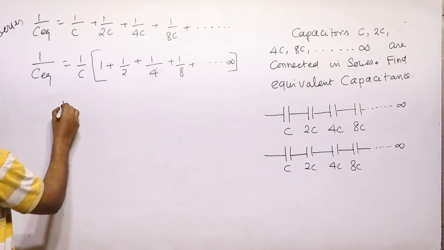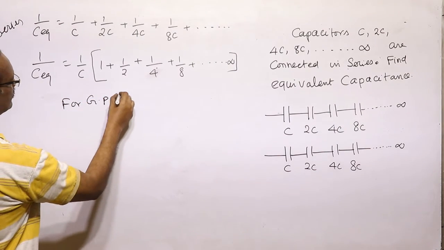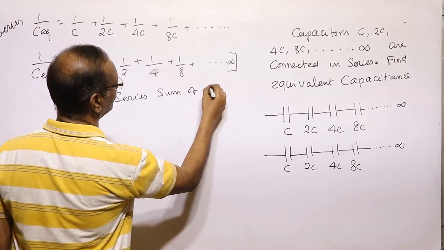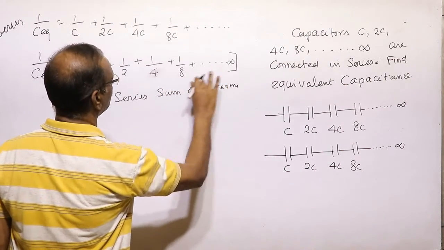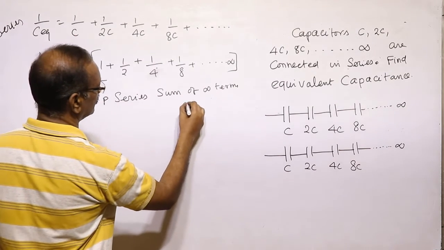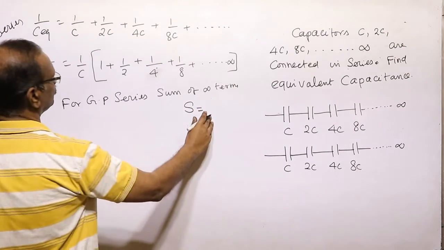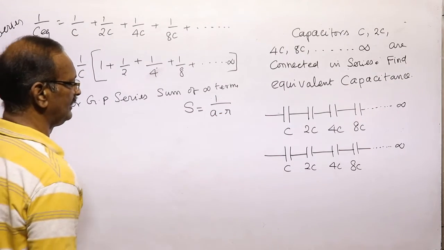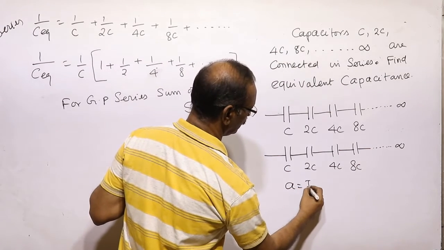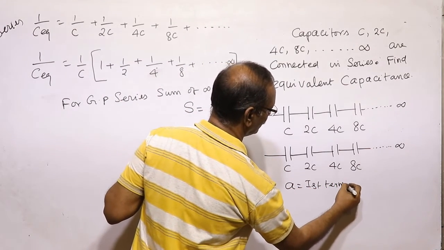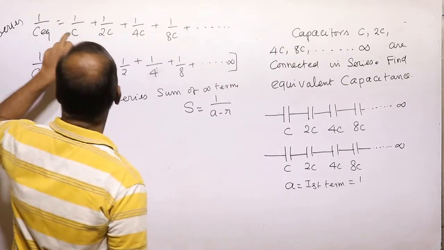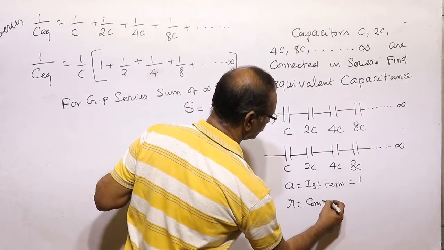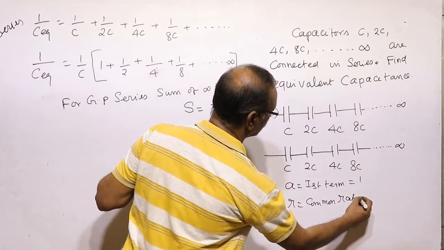For the sum of infinite terms of a GP series, S is equal to A by 1 minus R, where A is the first term, which is 1 here, and R is the common ratio.